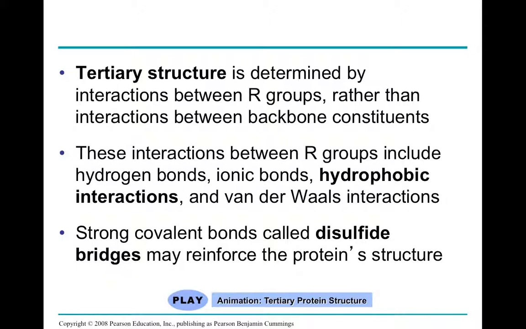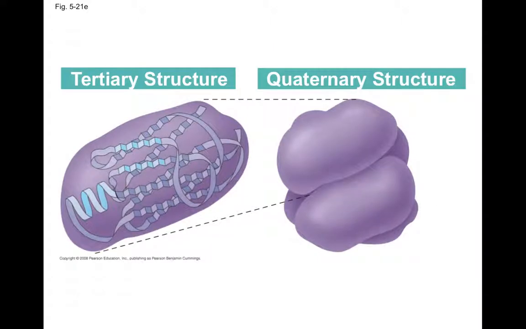And then strong covalent bonds are called disulfide bridges, and these reinforce the protein structure. So it's just a different type of attraction that helps stabilize between the groups.